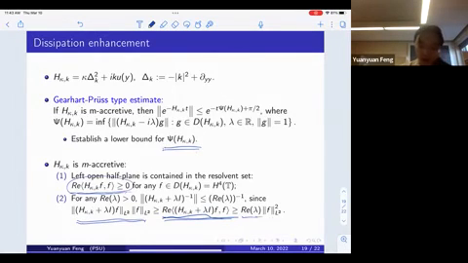So we can happily use the Gerhardt-Prust type estimate, using the bound for the function psi of H kappa k to bound the decay of this semigroup.